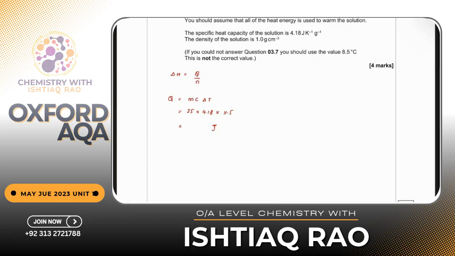What's the answer for Q? 25.0 multiplied by 4.18 multiplied by 11.5. The answer is 1201.75. This is joules.